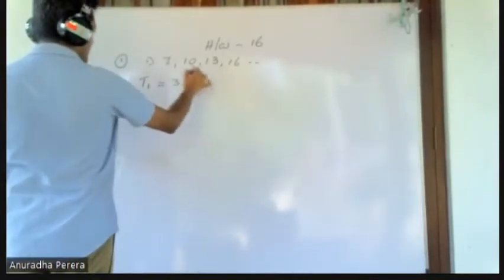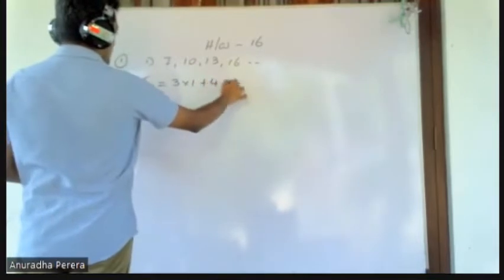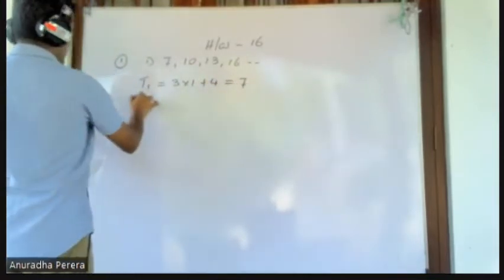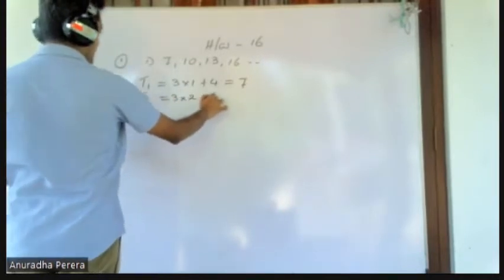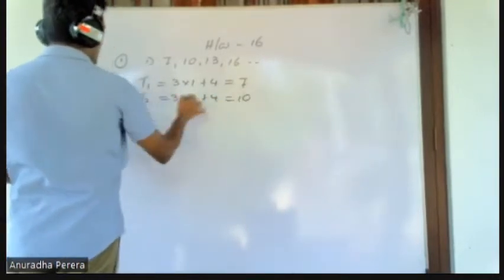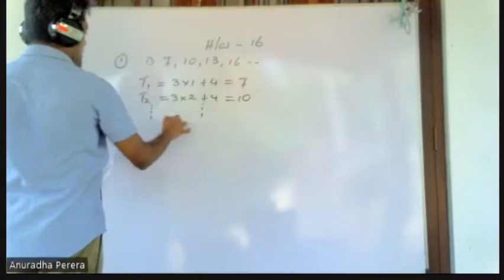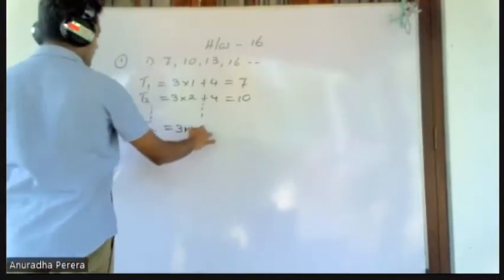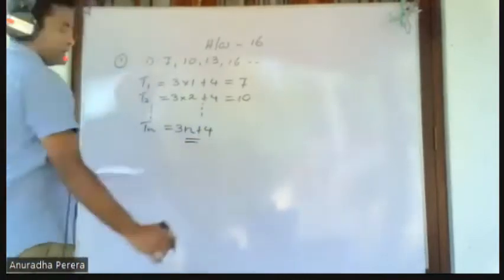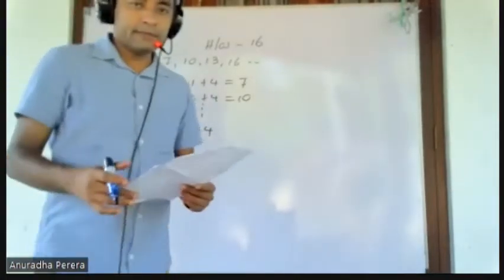But the first term is 7. 4 should be added to obtain 7. T2, common difference into 2 plus 4. Then we can determine the general term Tn. 3n plus 4. This is the general term.